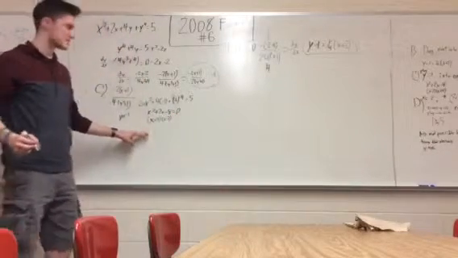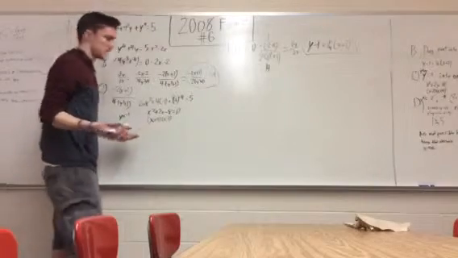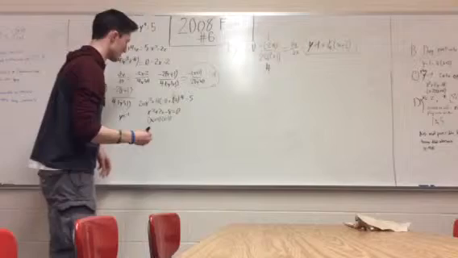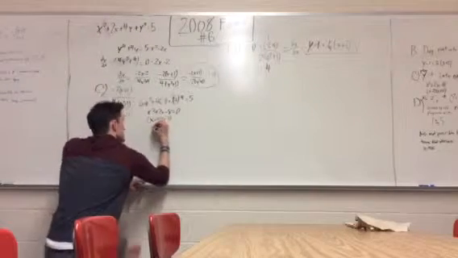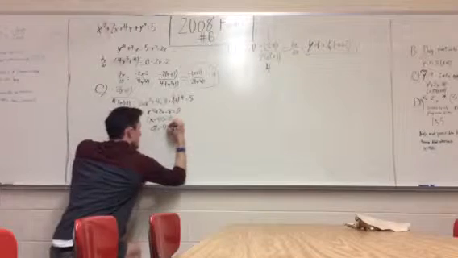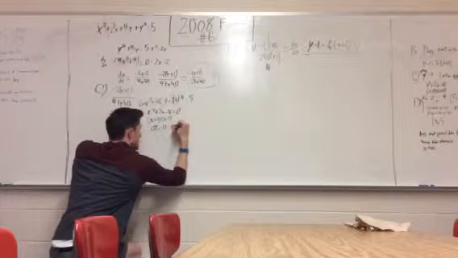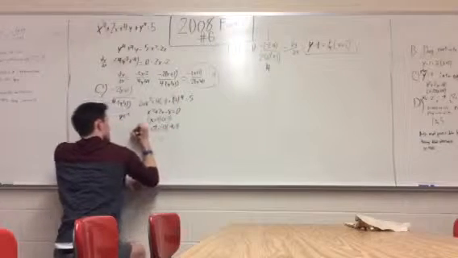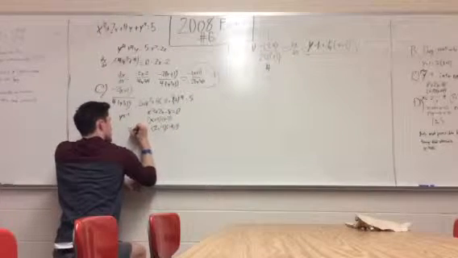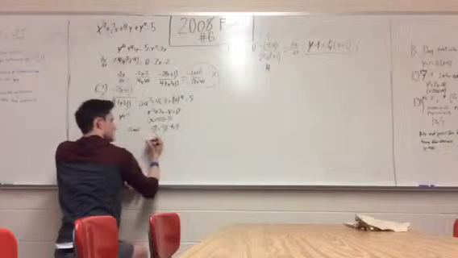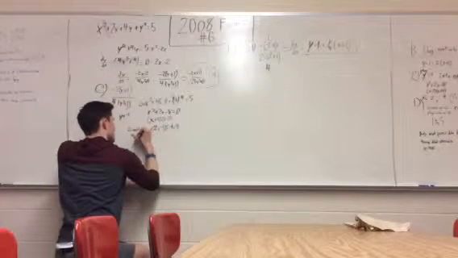Now that we have those x values, negative 1 is the y component. So we have 2 comma negative 1 and negative 4 comma negative 1. These are the 2 coordinate points with a vertical tangent.